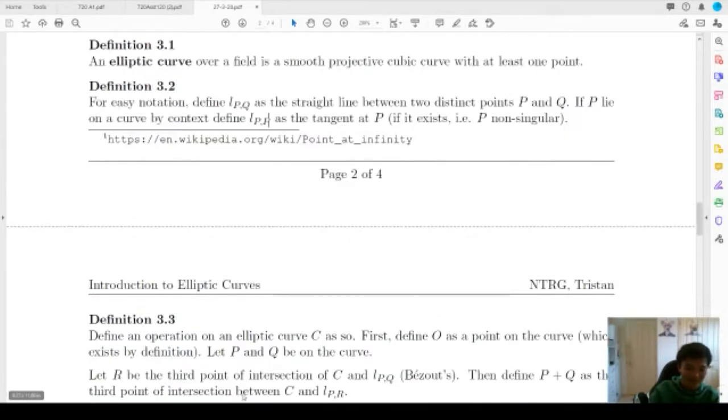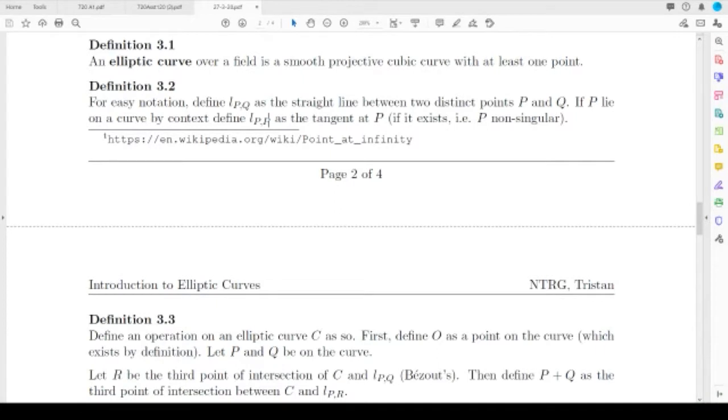So an example of an elliptic curve. Let's go back to here. The example I gave earlier, that's badly drawn. This is an elliptic curve.